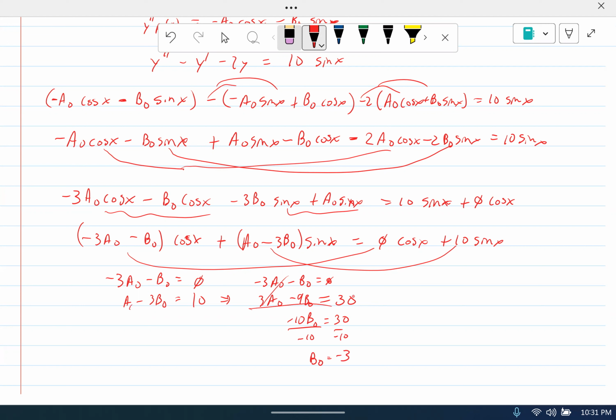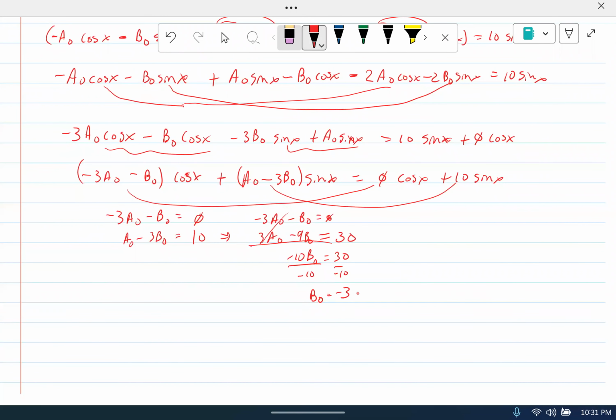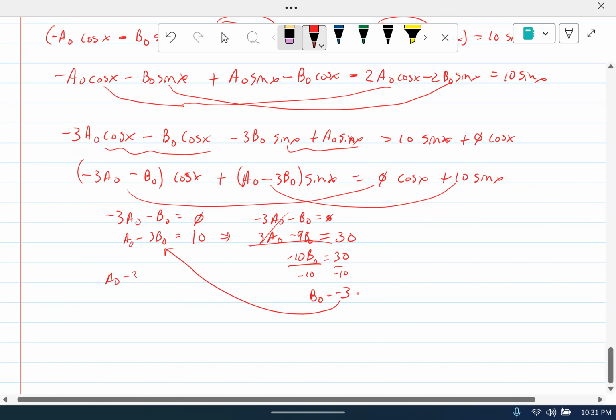So what was a naught? From here, we could plug this back in and say a naught minus 3 times negative 3 is equal to 10. This is a naught plus 9 equals 10, so a naught is equal to 1. So what's my particular solution?